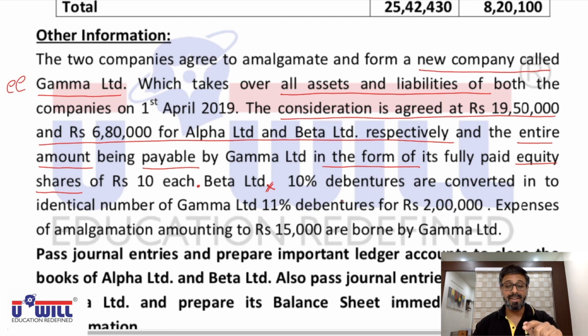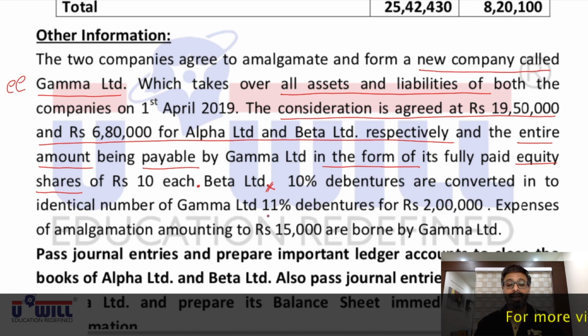I discussed that generally debenture holders and creditors may create an obstacle in this amalgamation. So to satisfy them, you tell them that in the old company you were getting 10% debentures, in the new company you will get 11%. So the rate of interest will increase.